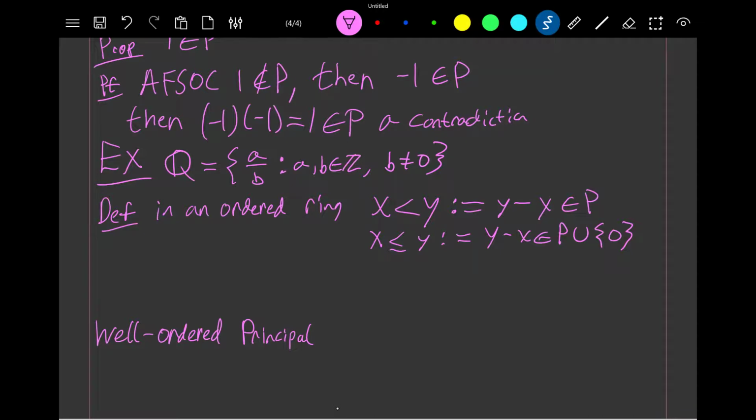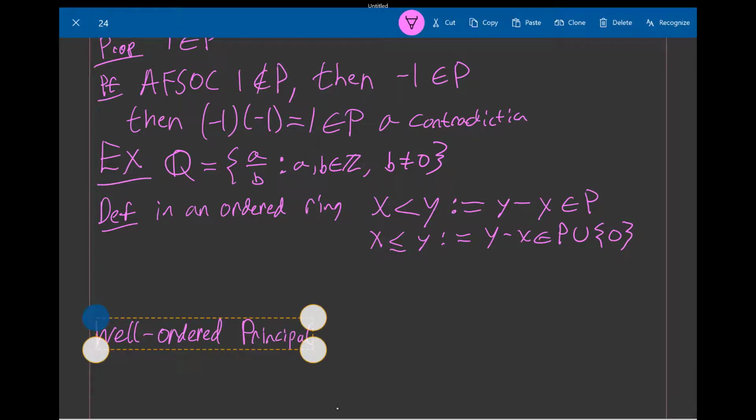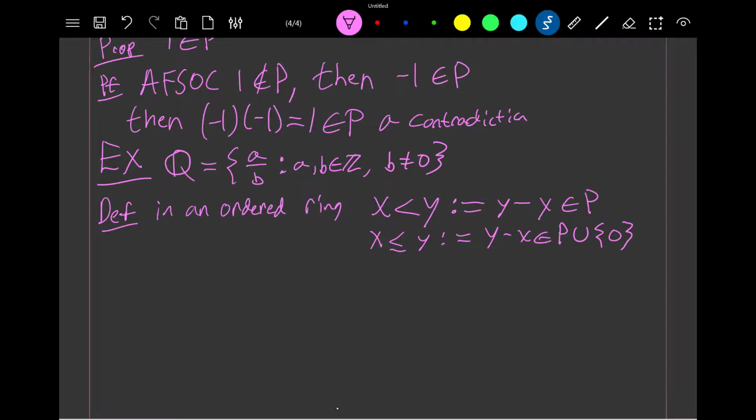Maybe another proposition. So I'm going to delete the well-ordered principle, and we'll get back to that. On the topic of this order, if x is less than y, and x prime is less than y prime, then x plus x prime is less than y plus y prime.